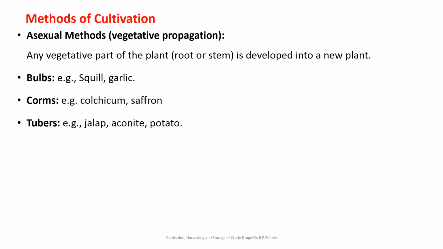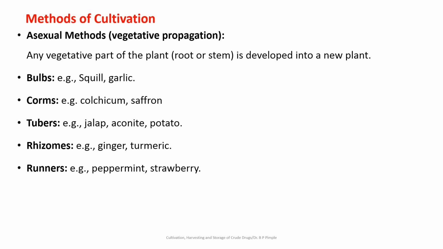Tubers like jalap, aconite, or potato are sown directly, and from them the plant can be generated. Rhizomes of ginger and turmeric are conserved and then utilized for plant propagation.